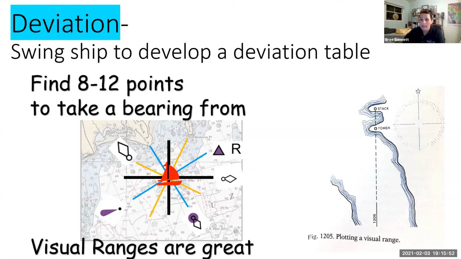If I'm pointing my boat due east, and I know that's due east because I know where I am, and I can see on the chart what is exactly due east, I can read what my compass is saying and then calculate the error. So it's kind of this reverse way of doing it. You can do it really anytime you want, but like I said, hearing feedback from you guys, it's pretty uncommon to do.